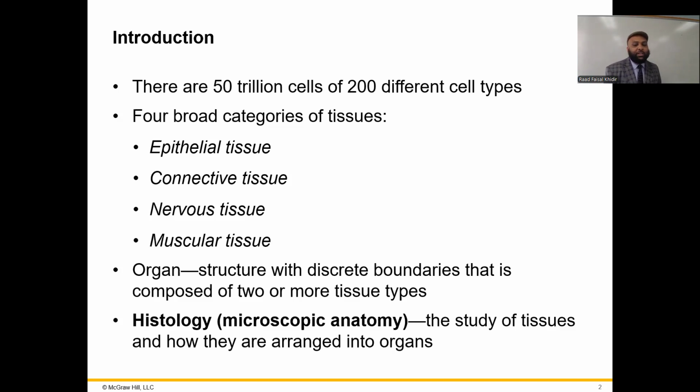So the organ is a structure with discrete boundaries that is composed of two or more tissue types. And we said histology is to study the microscopic anatomy. And the microscopic anatomy is the study of the tissues and how they are arranged into organs.